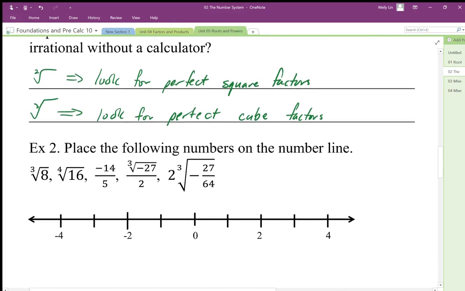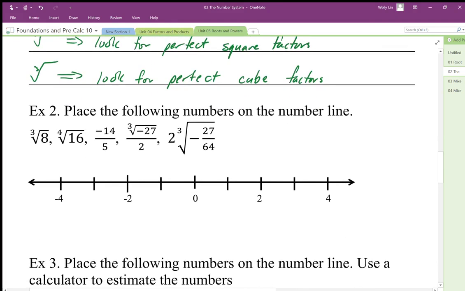Okay, so when we're doing this here, if we have a calculator, we could use a calculator, but we want to see if we can use these properties of looking for perfect power factors to be able to undo the roots. So here we have cube root 8. Well, cube root 8 is a perfect cube, so that works out to be 2.